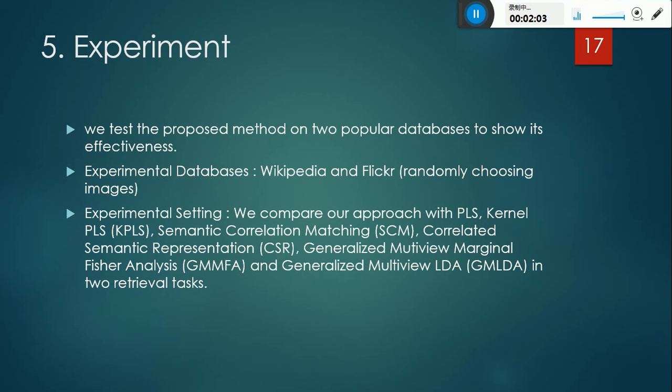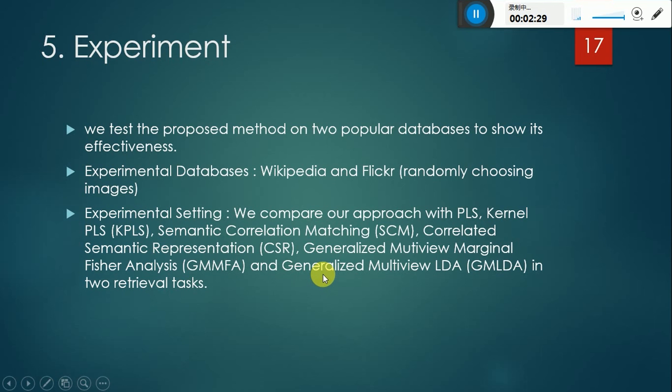After talking about my model, I'd like to say something about my experiments. We have done two experiments on two popular datasets: one is Wikipedia, and the other is Flickr. You can find more details about Wikipedia and Flickr in my paper.